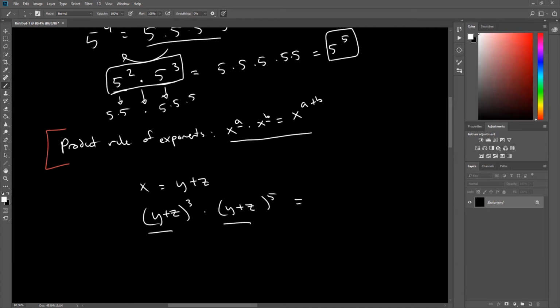So what do we get here? Remember, same base, so this rule still applies. So y plus z to the 8. Exactly, perfect. You get it. We just add these two, and we get 8.